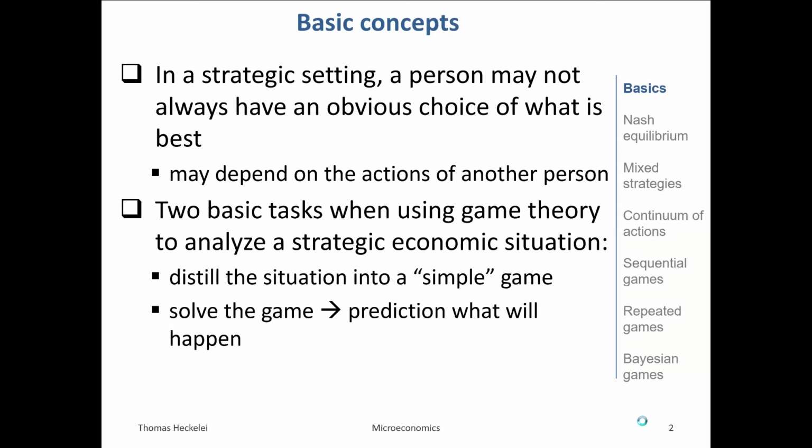This is what we talked about in the introductory week of our course, that we need some simple model in order to learn something, right? The second task is, having done the simplification, we can now solve the game, the model, in order to predict what will happen when individuals interact with each other in a rational setup.